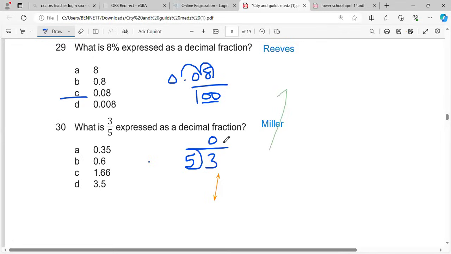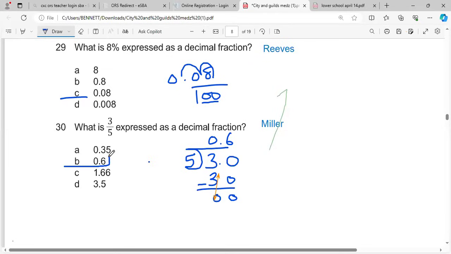Put a decimal point. 5 into 30 is 6. So it will be 0.6.